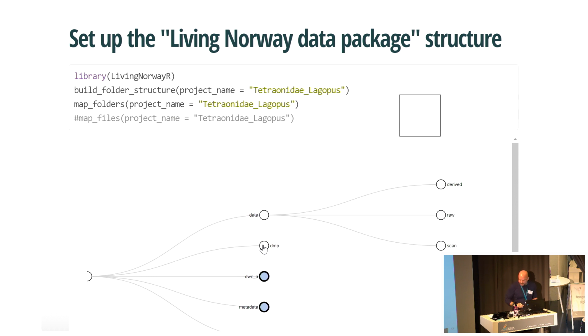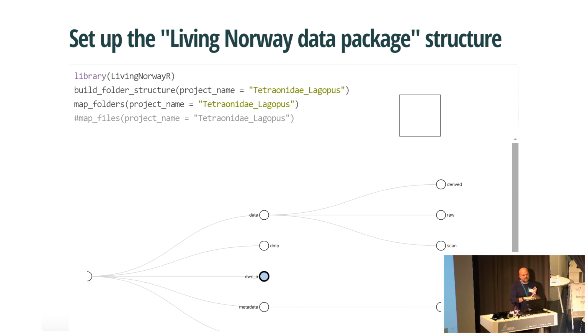You've got a data management plan, this DMP, in there. And some metadata. And the metadata is important because that's in three formats. One is the XML metadata, which is computer readable.